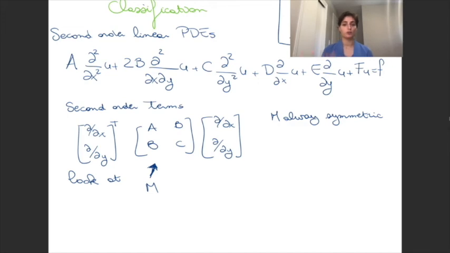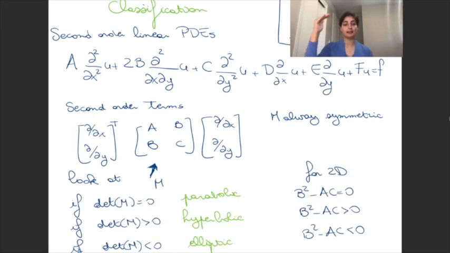We're going to explain later why we can always assume M to be symmetric. But we're looking at this matrix and we're saying that depending on the determinant of this matrix, we have different types, different classifications of PDEs.